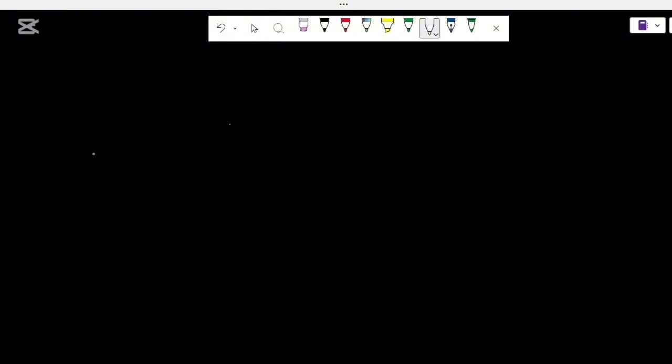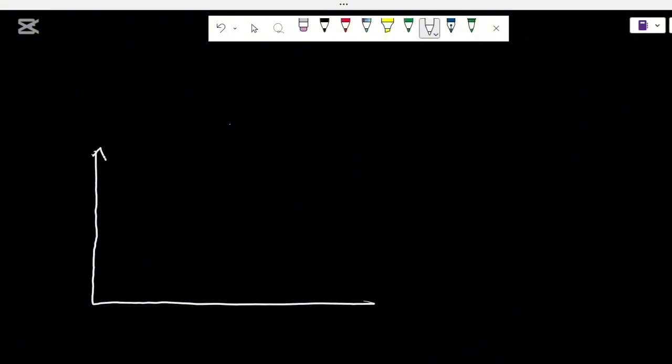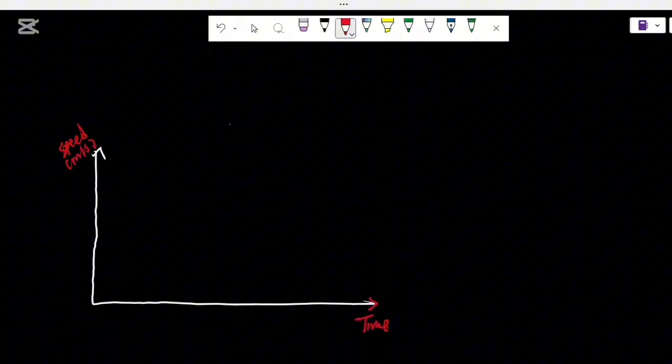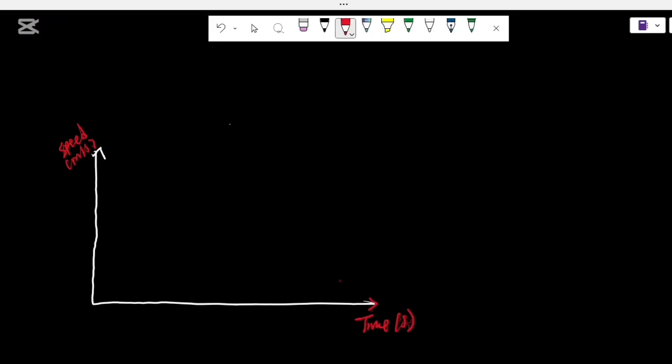So let's say we have this particular graph. The y-axis is going to give us the speed. This is showing how the speed is changing. And the x-axis is going to tell us how the time is changing in seconds.